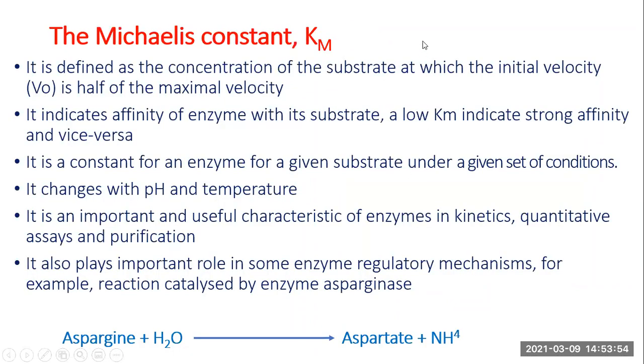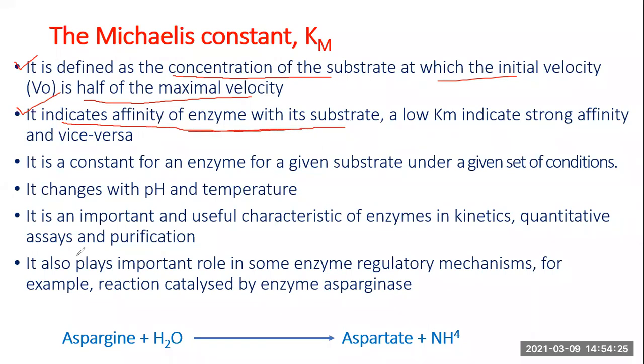So let us come back to this Michaelis constant. As I said earlier, the Michaelis constant is defined as that concentration of substrate at which the initial velocity is half of the maximum velocity. You must memorize this particular definition. It is that concentration of substrate where the initial velocity is exactly half of the maximum velocity. What does it do? This Michaelis constant is an indication of the affinity of the enzyme with its substrate.